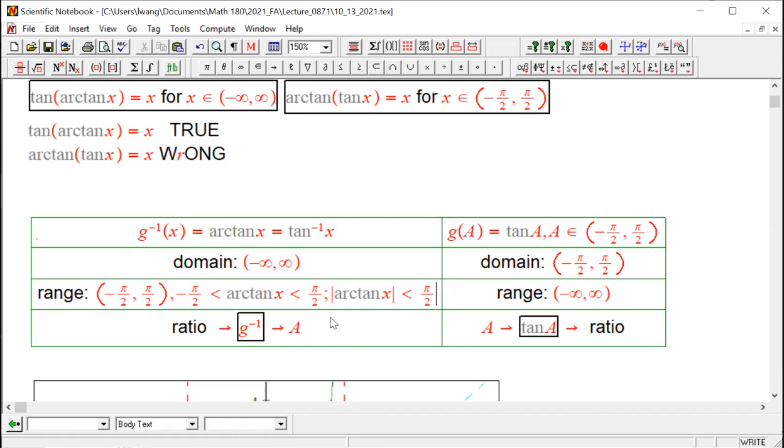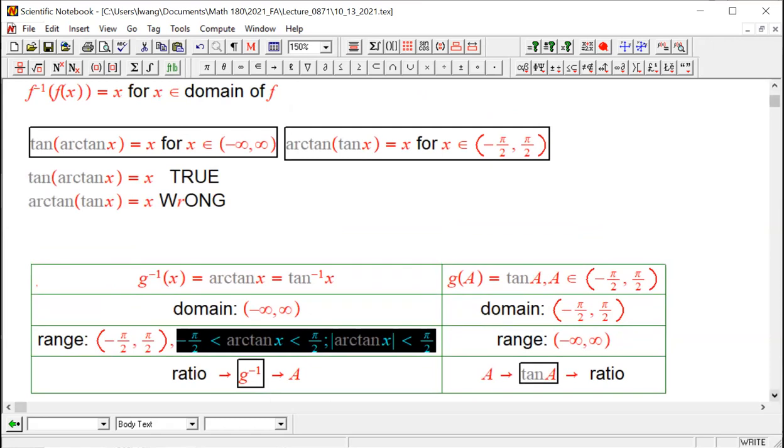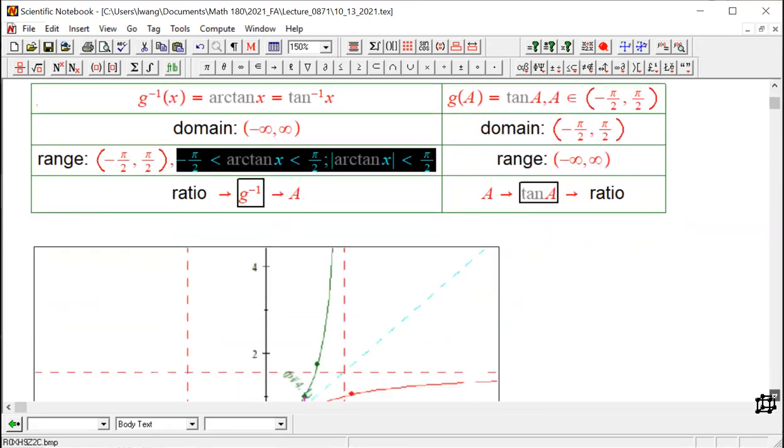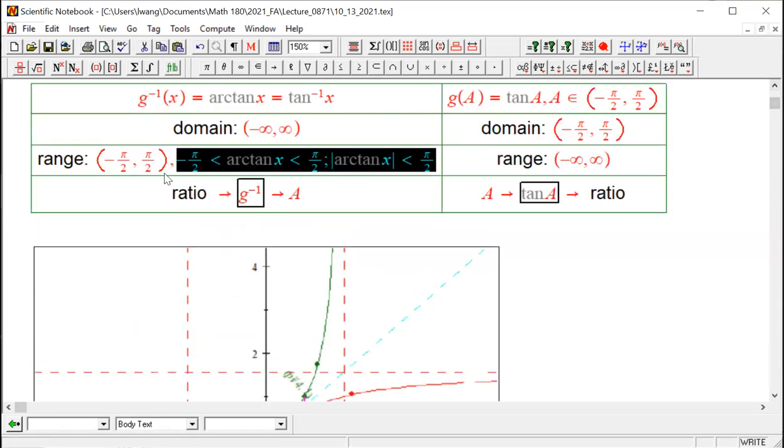So that's arctangent in terms of the inequalities to describe its range, which convey the same message. What is that same message? The arctangent, which is the red piece, is bounded between negative pi over 2 and pi over 2. So that conveys the same message.